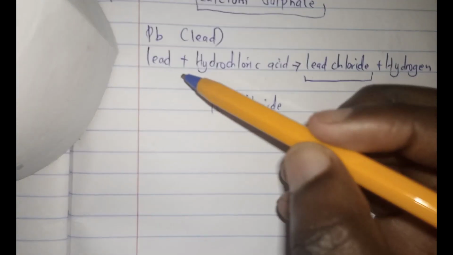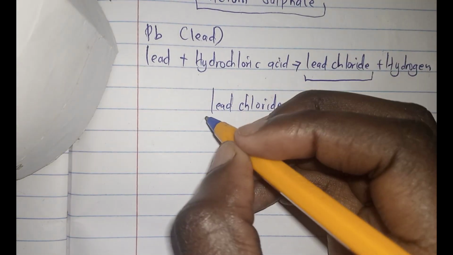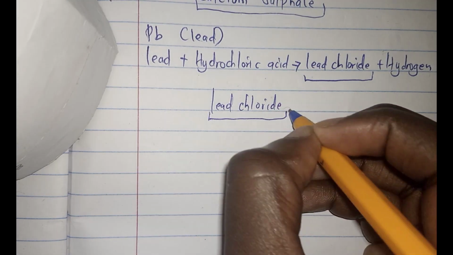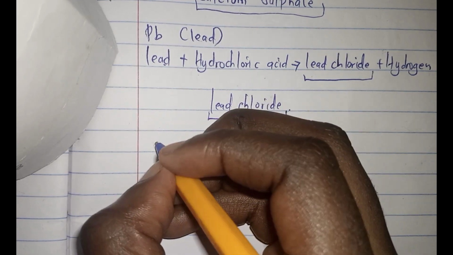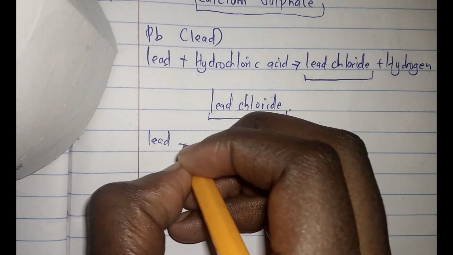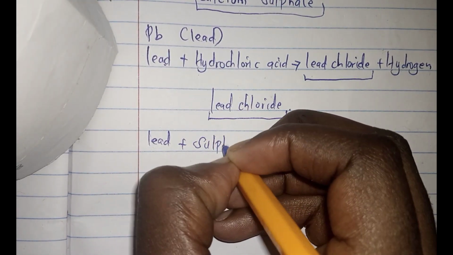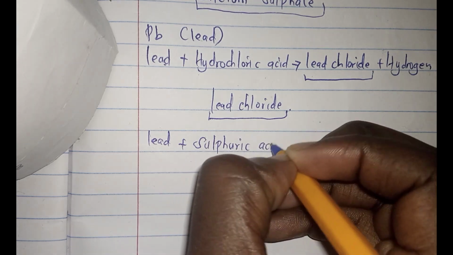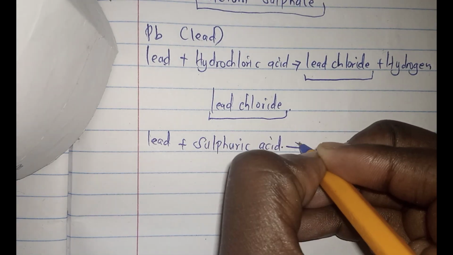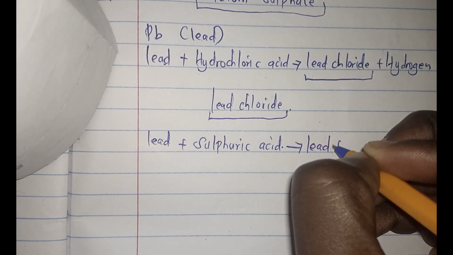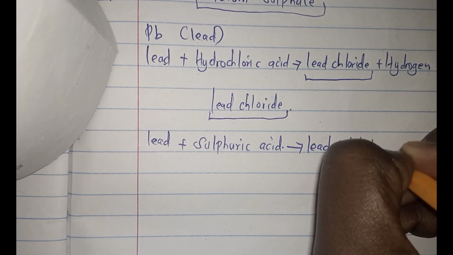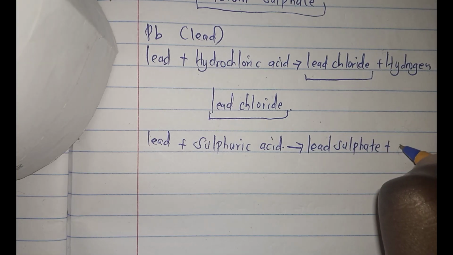If I am reacting lead plus sulfuric acid, the salt formed is lead sulfate, which is also an insoluble salt, plus hydrogen gas.